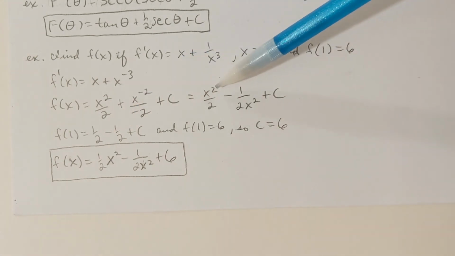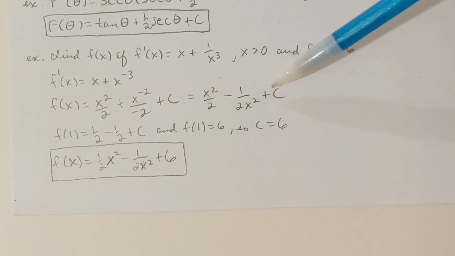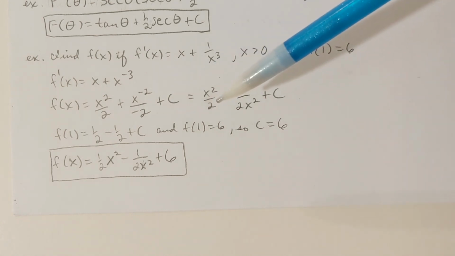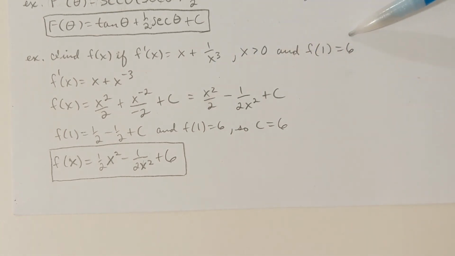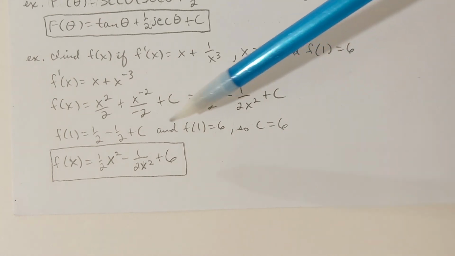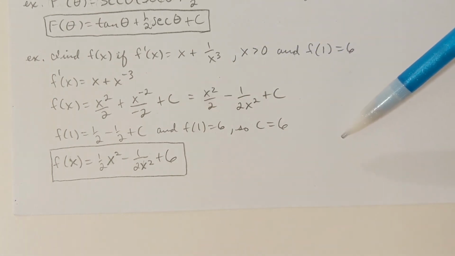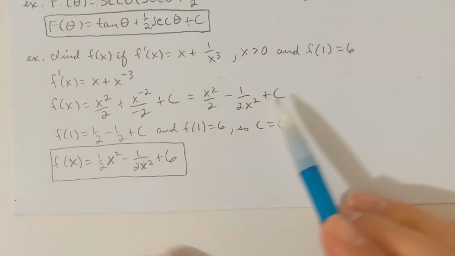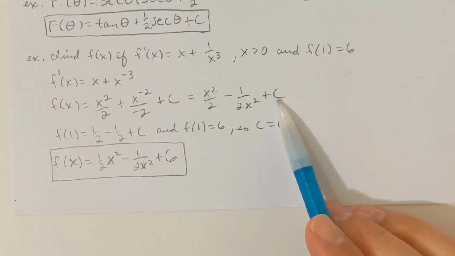F of 1 would be 1/2 minus 1/2 plus c, or that would be c. F of 1 is 6. So c would be 6.